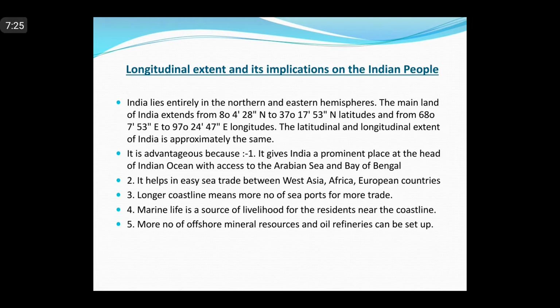So we can say there are more offshore mineral resources, in the form of fossil fuels, and oil refineries can also be set up.